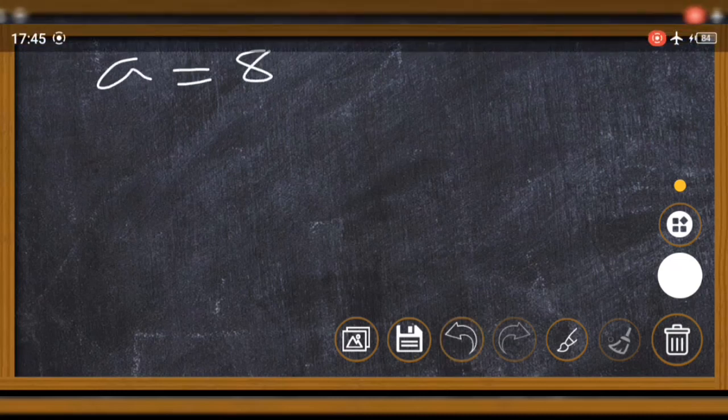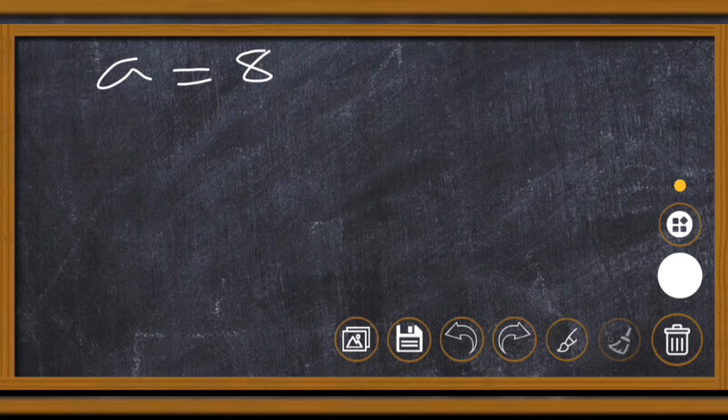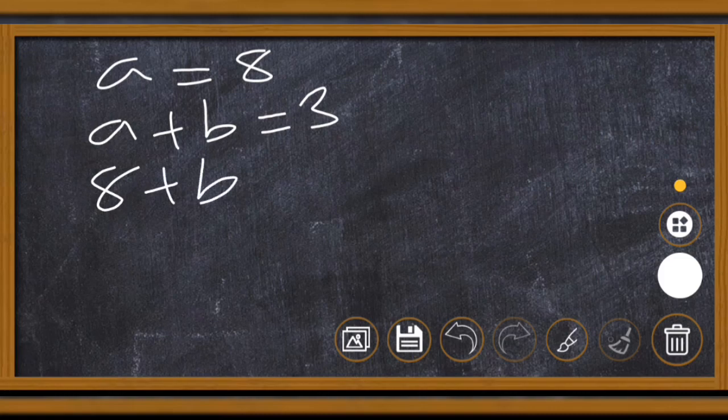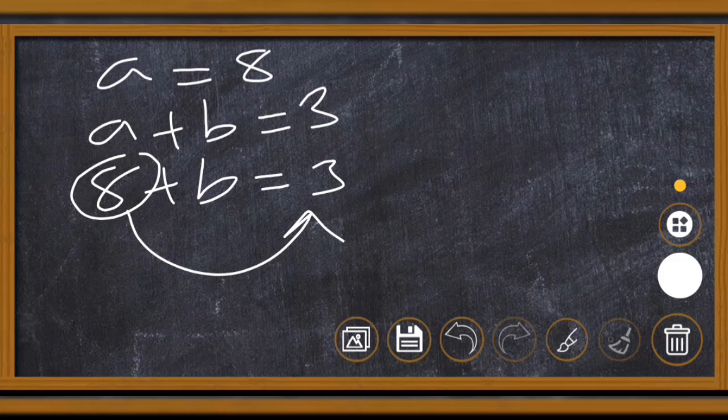Now you can replace this value in either of those two equations. For me, I will replace it in this equation here, but you can use that other one, it's okay. So where there is a, it's 8 plus b equals 3. When this 8 comes to the other side, it's going to be negative.